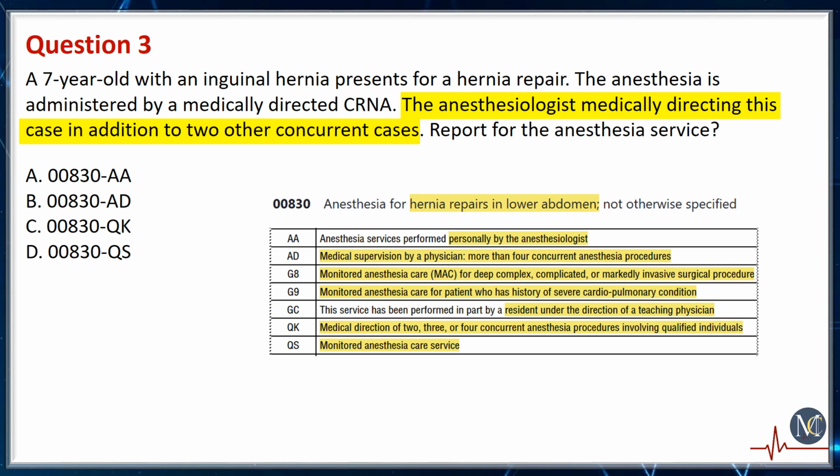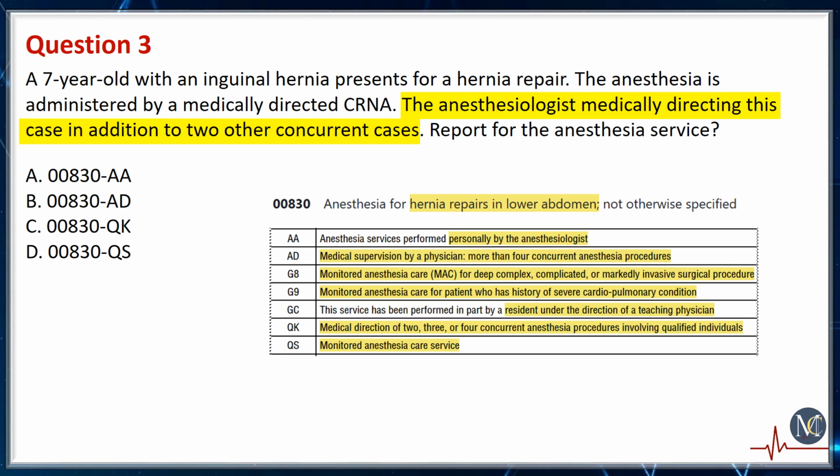The service code given in all four options is 00830, which is anesthesia for hernia repair in the lower abdomen, not otherwise specified. The first modifier is AA, anesthesia service performed personally by the anesthesiologist.